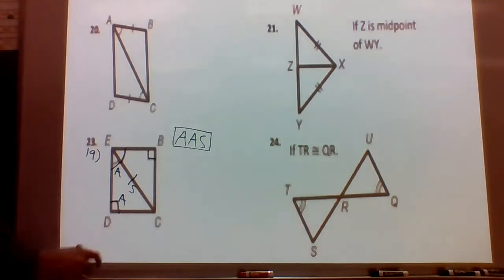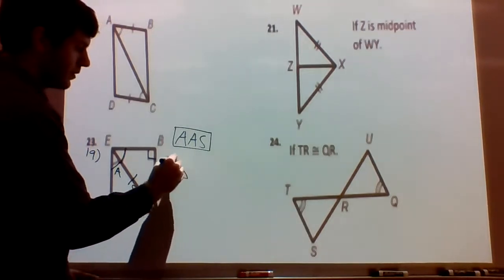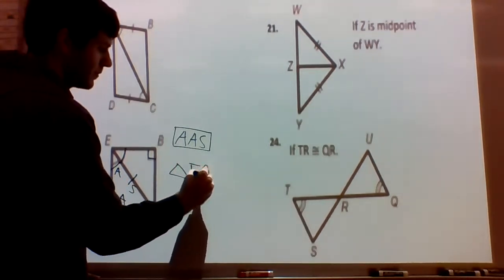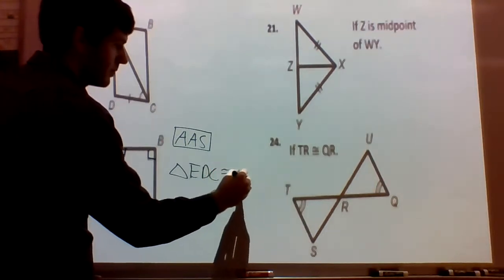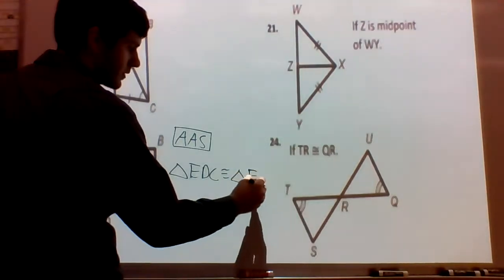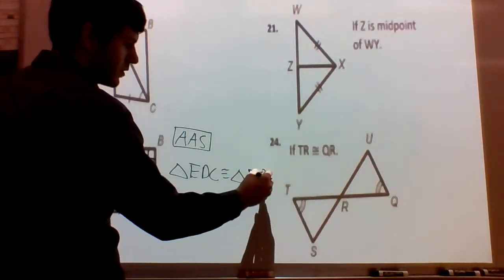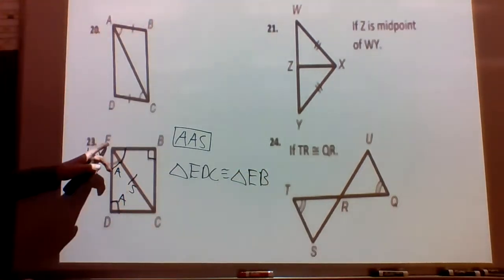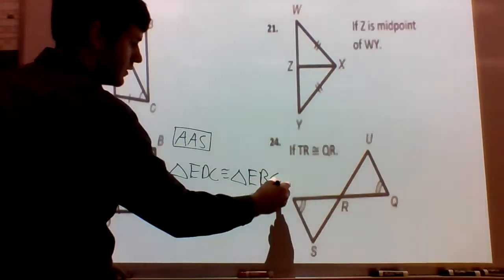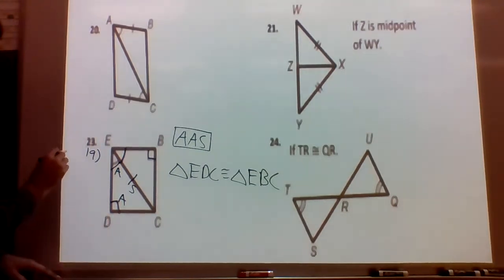And I don't like this one because it's not drawn properly, so it makes it more confusing than it should be. So if we name one of the triangles, let's name it EDC. What corresponds with E? Well, it's going to be E. What corresponds with D, that's going to be B. And what corresponds with C, it's going to be C. So if we took B and folded it over on top of D, these 2 triangles would look the same.